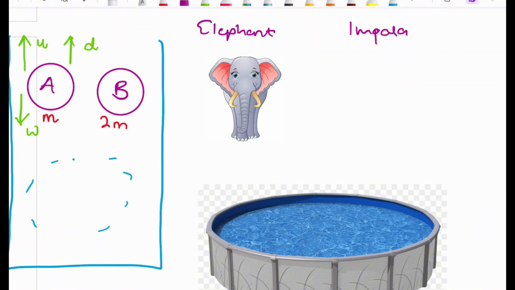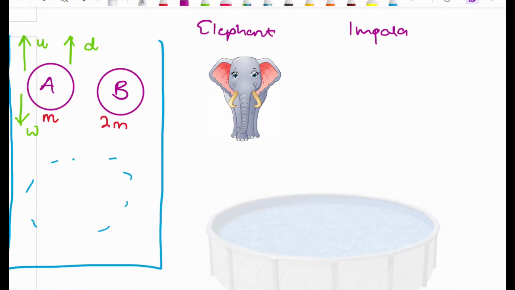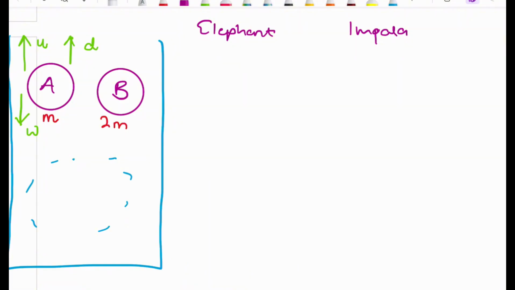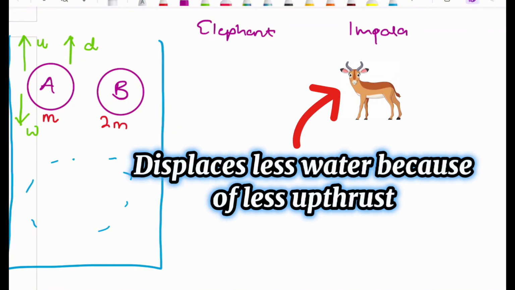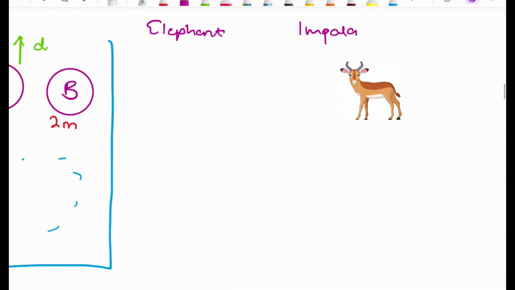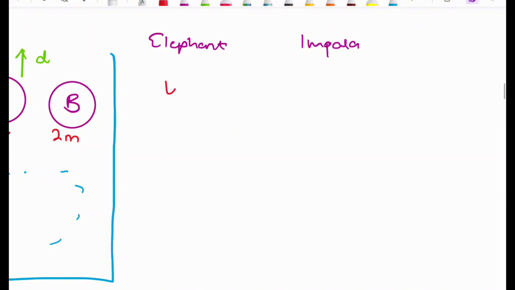So the upthrust on the elephant was going to be greater. For the impala, not so much, because it's going to cause a lesser upthrust, so the weight of the fluid displaced is going to be less. But you just need to know that upthrust is related to the mass.